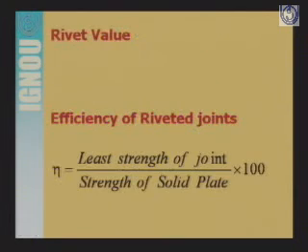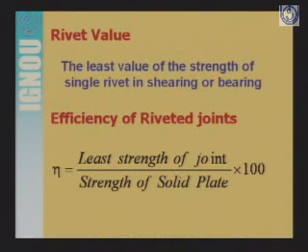Now, rivet value. Rivet value is the least value of the strength of a single rivet in shearing or bearing. There are two types of failures of the rivet, shearing and bearing. Of these two, whichever is less is the least value of the strength of a single rivet. Here we are talking about one rivet, so the rivet value is calculated for a single rivet.